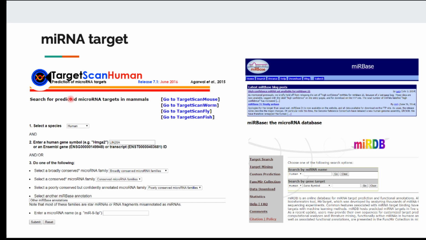Okay, let's move on to the next series of online resources. So now we will go to the bioinformatics tools that you can run online, or prediction tools that you can run online. For those of you who study microRNA, sometimes you have a gene and you want to downregulate this gene with a microRNA.